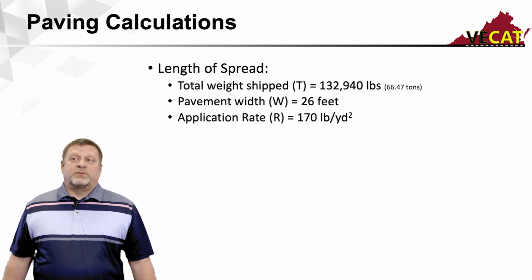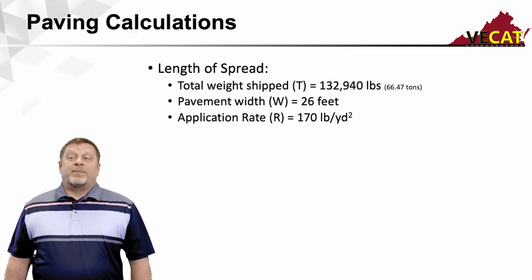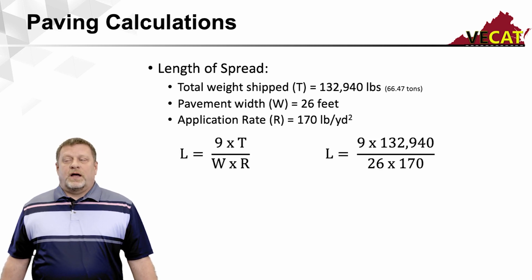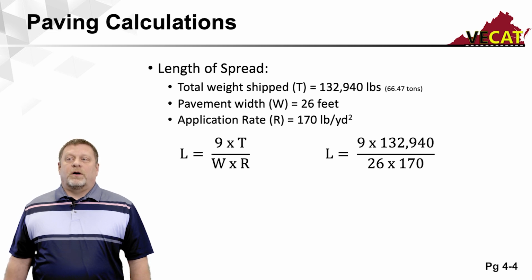The pavement width happens to be 26 feet wide, and the application rate was 170 pounds per square yard. Take our formula, add our variables where they relate, and work out our math.